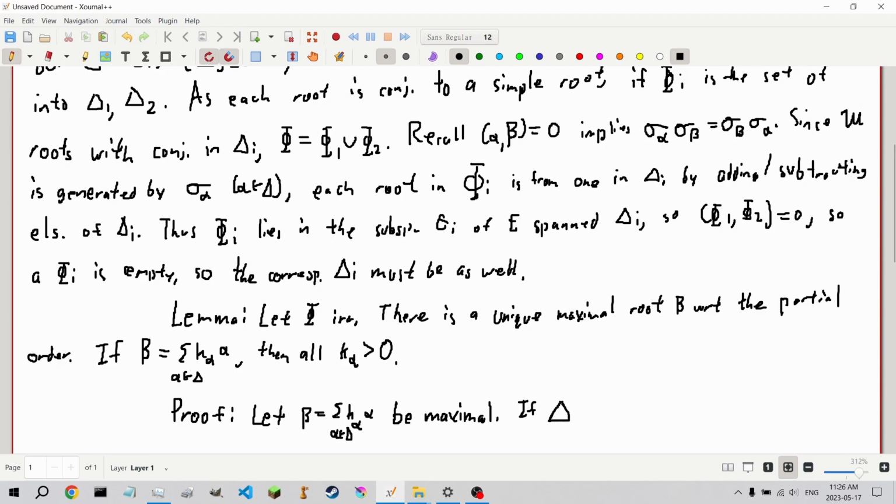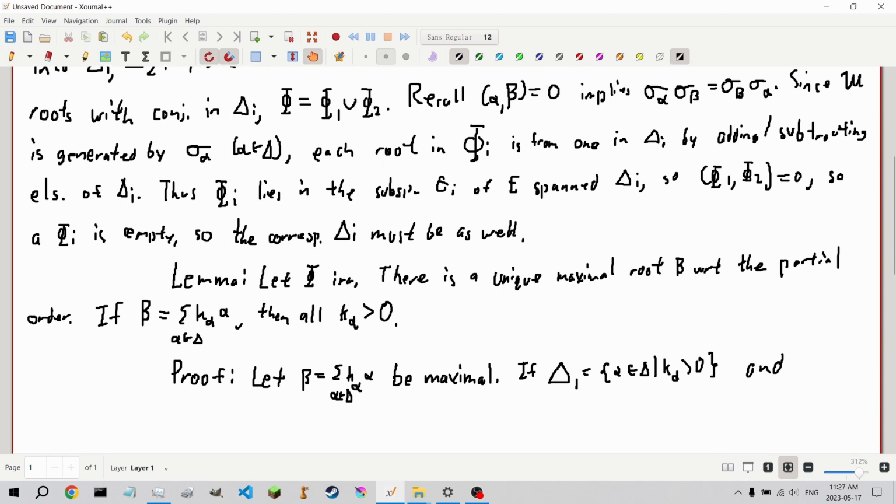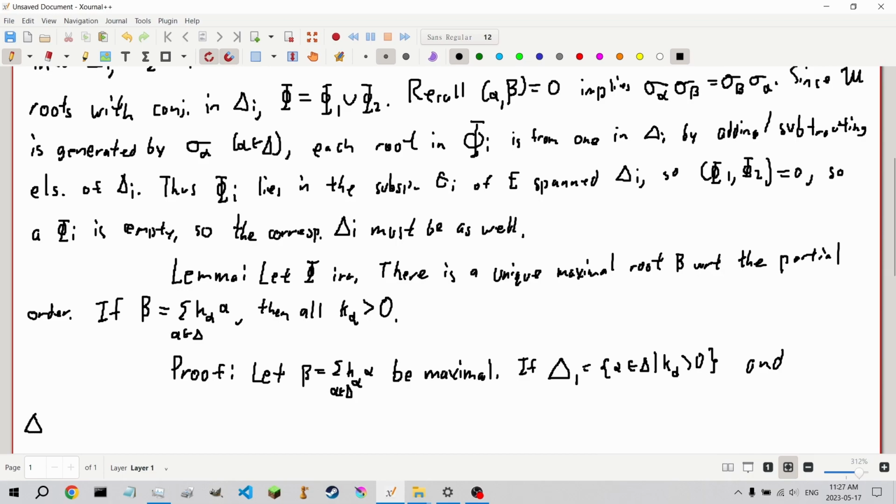We're going to set delta 1 to be the elements of our base where k alpha is positive, and delta 2 to be the elements of our base with a 0 coefficient in k alpha.